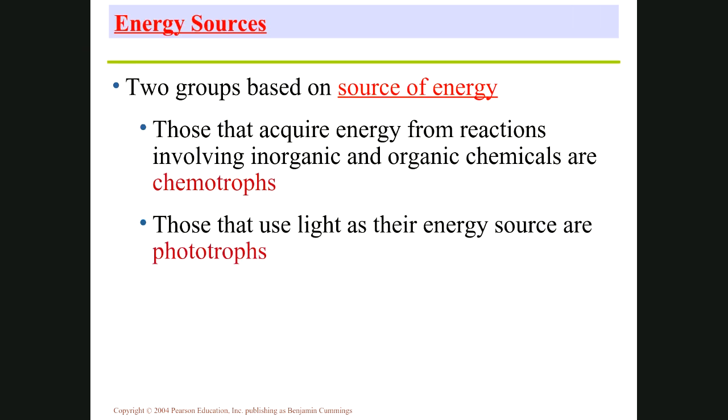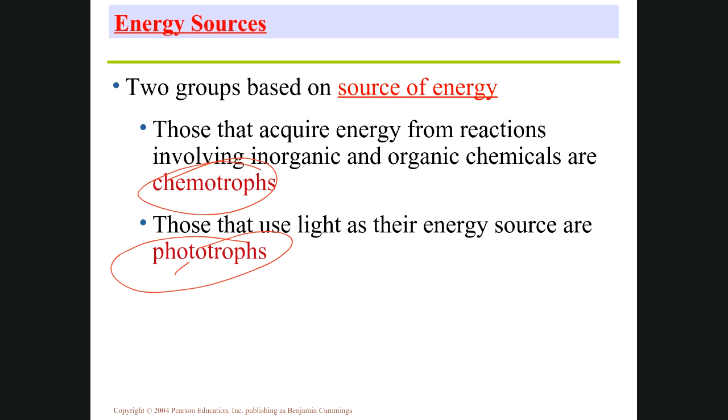Organisms are going to need an energy source, and the energy source can be from chemicals, in which case the organism is called a chemotroph, or it can be from light, in which case it's called a phototroph. So in order to create nutritional requirements, we take the need for carbon and the need for energy and put them together.